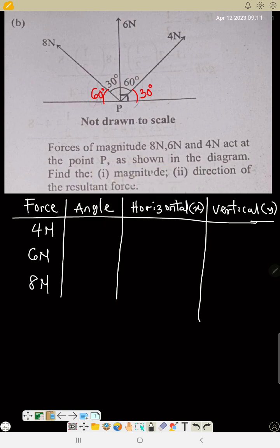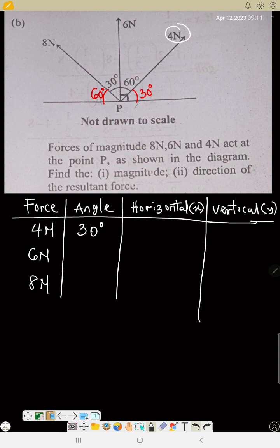So now for 4 Newton force, the angle is 30 degree. Remember, it's not wrong using 60, but then horizontal is sine, vertical is cos. But since I'm using the horizontal angle now, horizontal is cos, vertical is sine.